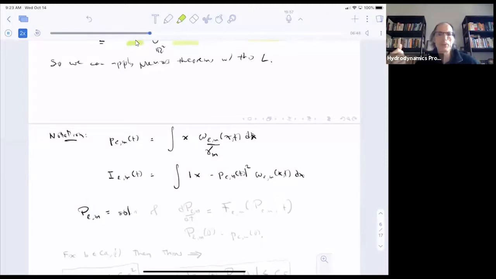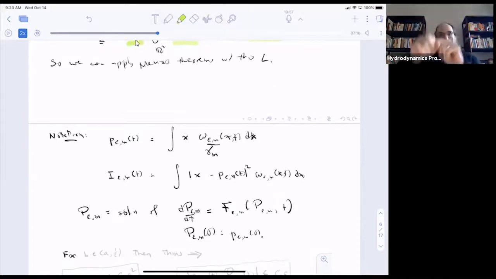Then I have three things I have to keep track of. Capital P is going to be the solution of the ODE that approximately describes the motion of the mth vortex blob. Remember, in my previous theorems, for the background flow I can compare the motion of the center of vorticity to the particle trajectory given by solving the ODE associated with the background flow, capital F. Here the relevant background flow is this F epsilon m, the background flow in the mth blob.